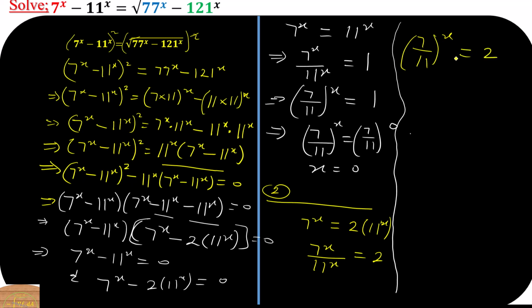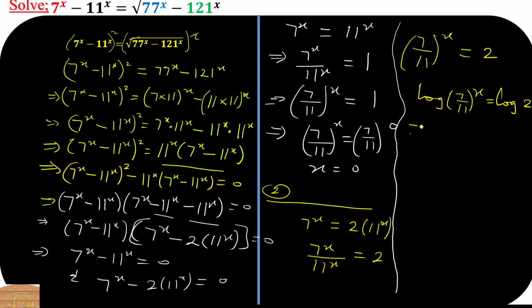Now we can solve for x by taking log on both sides, so we have log of 7 on 11 to the power x equal to log 2.